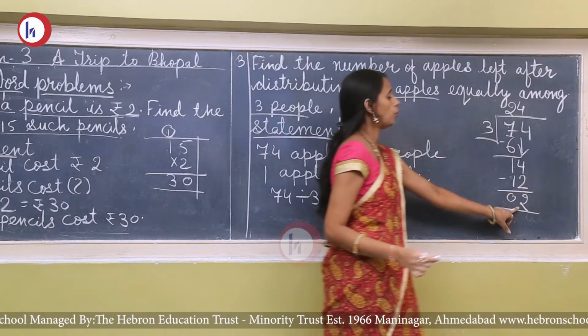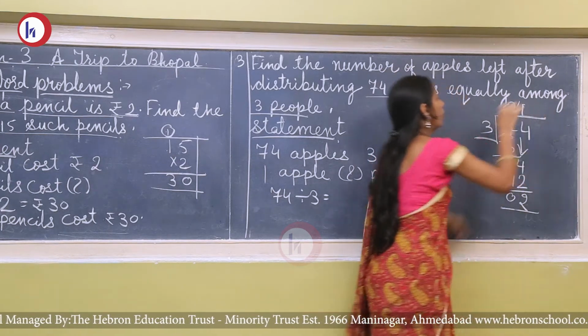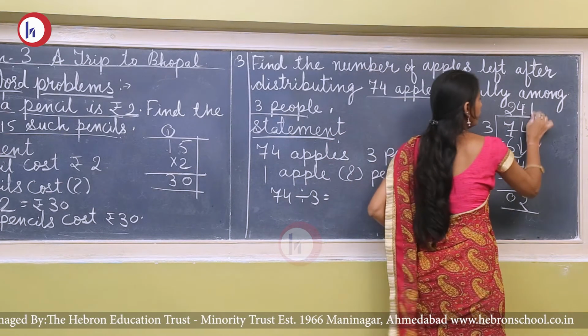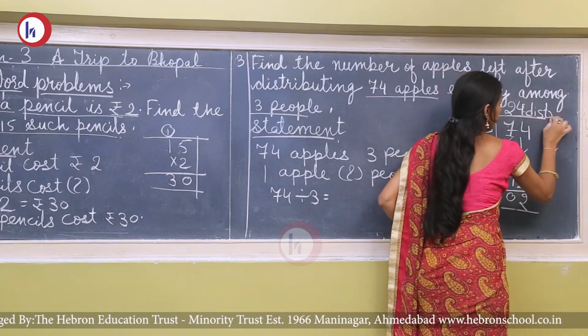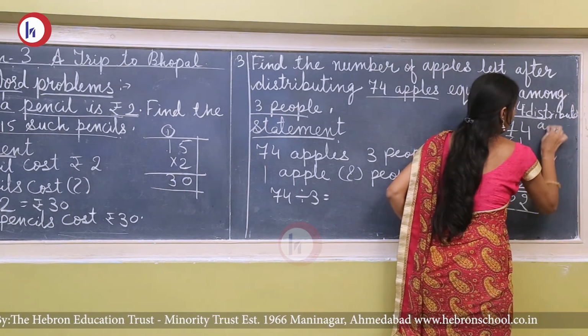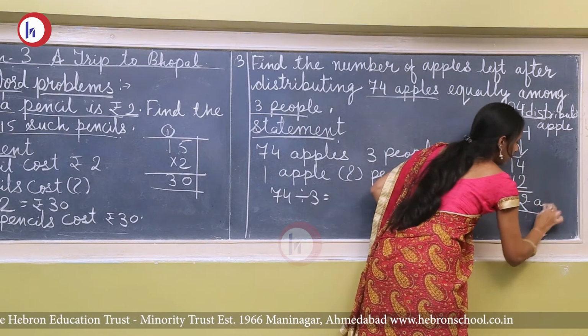So here 2 is the remainder. So 24 is the answer, it is the number of distributed apples, and the remainder is the apples left.